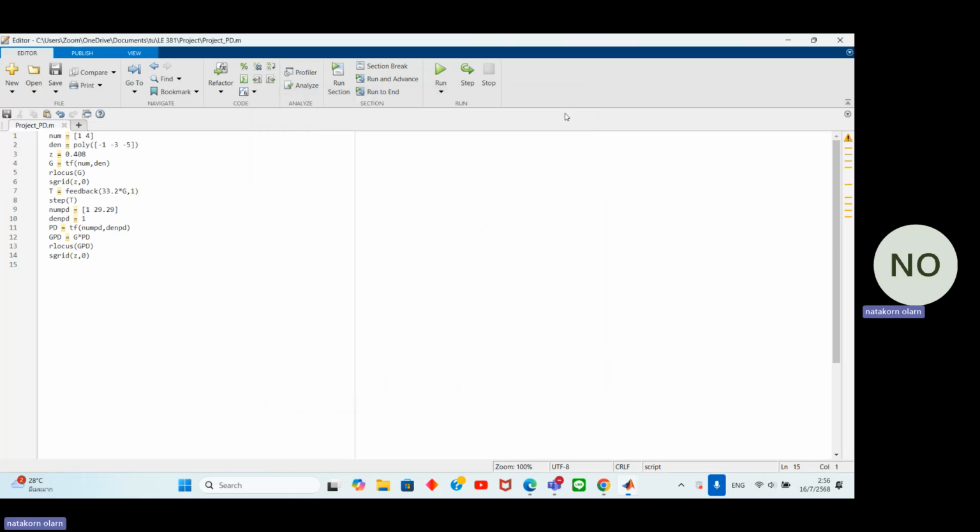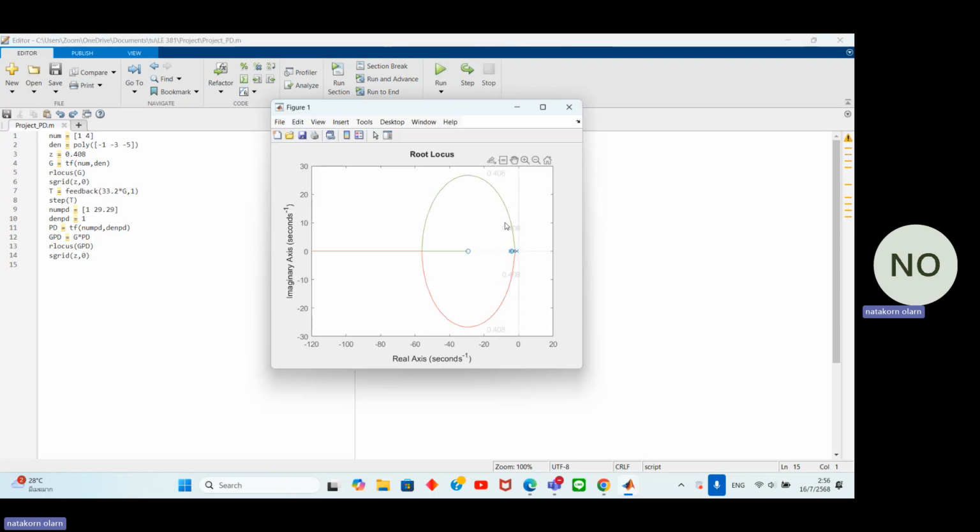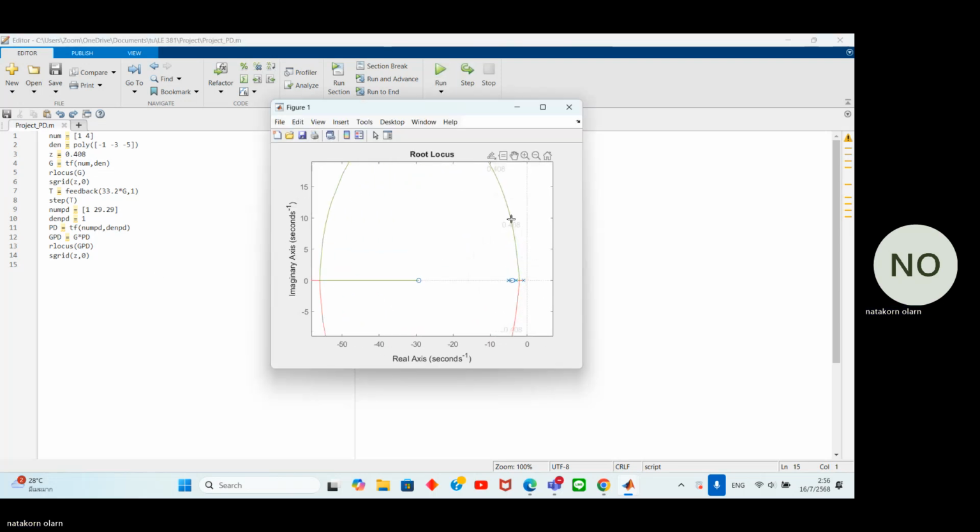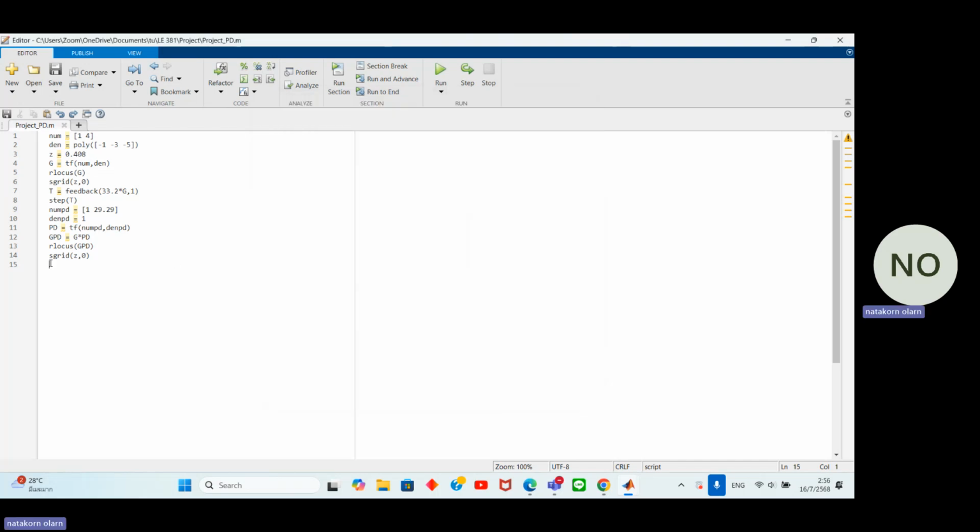The next one, okay, the 0.409 is the nearest point. Sorry, I can't recognize the gain point. This is 4.44. Okay, 5.44. Okay, the next I find the response of the system after compensate.